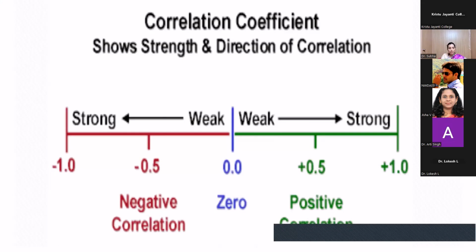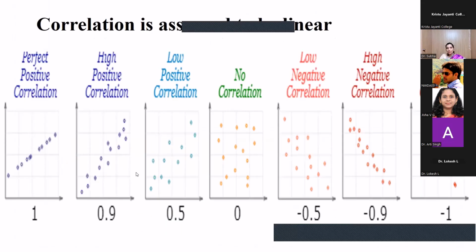If the value is between 0 and -1, it is called negative correlation, and if the value is positive, it is called positive correlation. If the correlation value is 1, you can see a perfect positive correlation. If the value is 0, there is no correlation, no relationship between the variables.